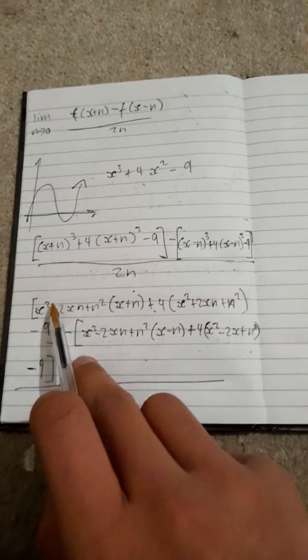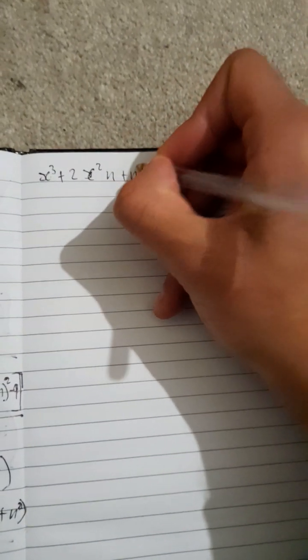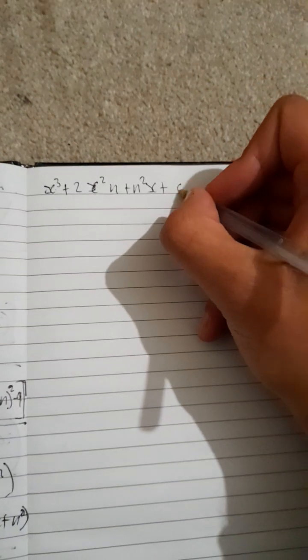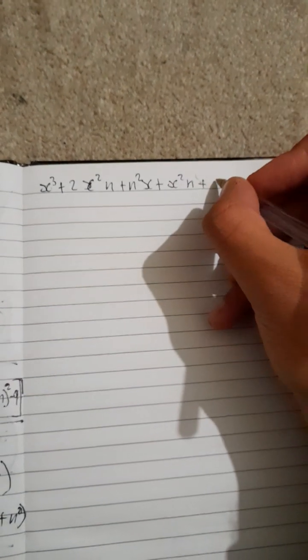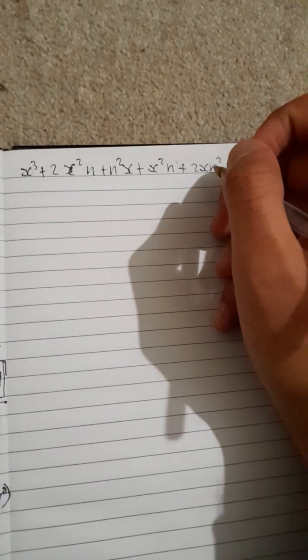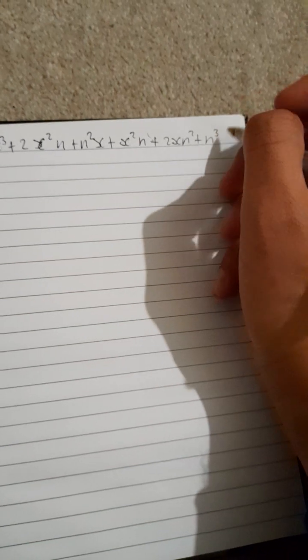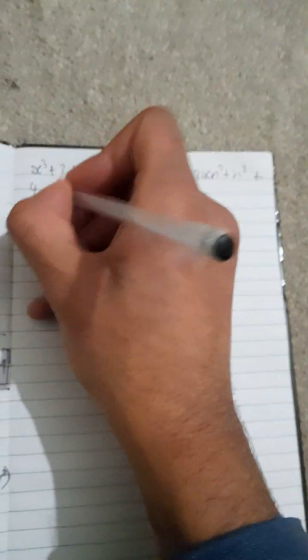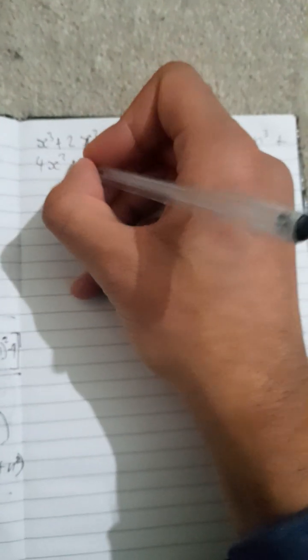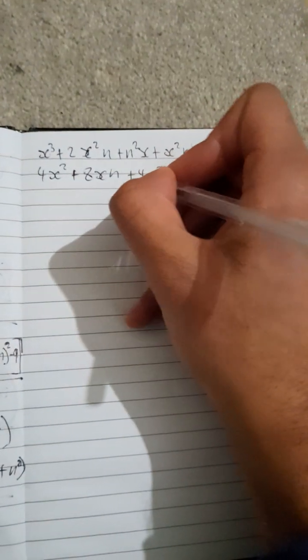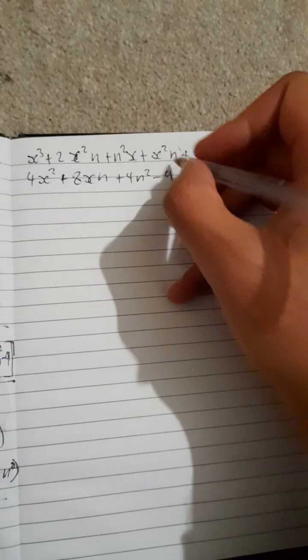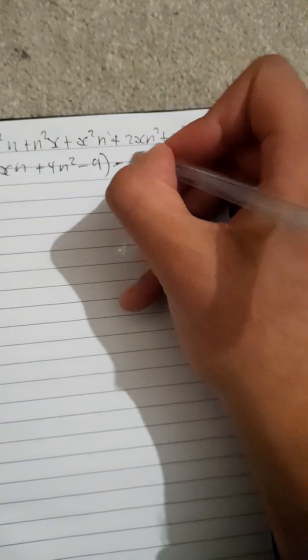Now let's continue here. We need to multiply that together with that. So that's going to give us x cubed plus 2x squared n plus n squared x plus x squared n plus 2xn squared plus n cubed plus 4x squared plus 8xn plus 4n squared minus 9, brackets, all subtract bracket.